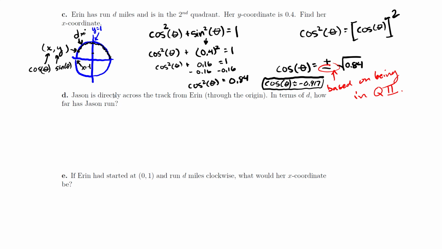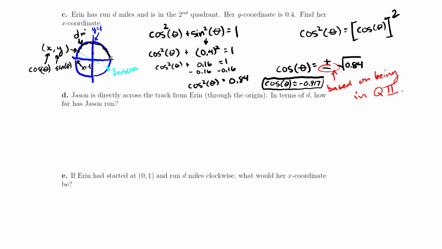All right, now it says Jason is directly across the track from Aaron. In terms of D, how far has Jason run? Okay, so let me grab a different color here. So Jason is directly across. If I drew a line right through here, this is where I'm going to find Jason.